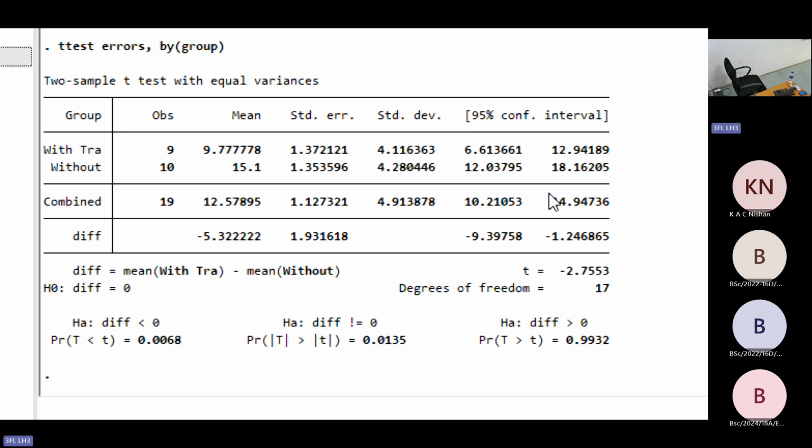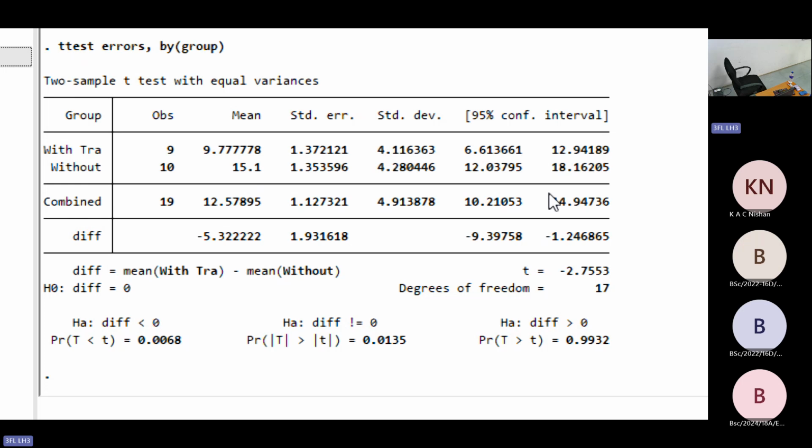Now please look at this nice table very carefully.